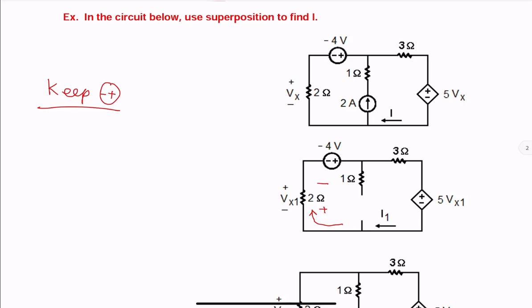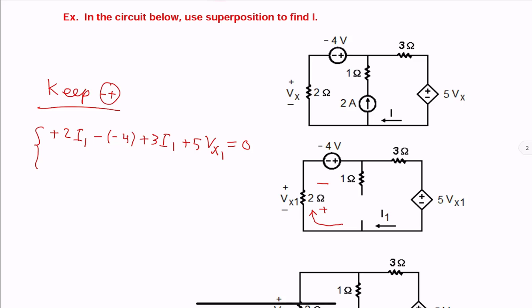So first term is 2I1. Continuing, we see the negative side of the voltage source, so change the sign of the voltage, negative 4, followed by 3I1, and finally 5Vx1, equal to 0.